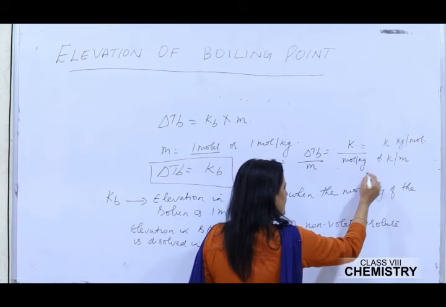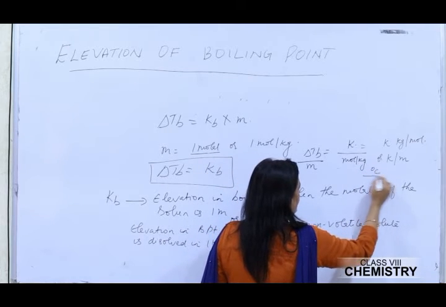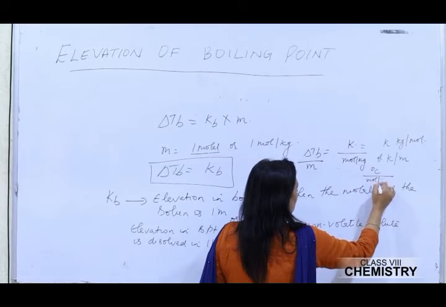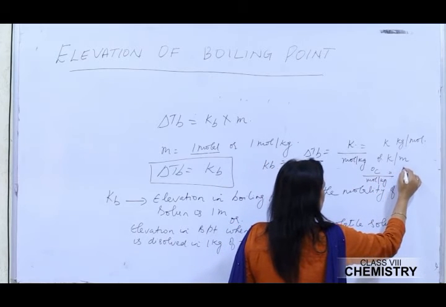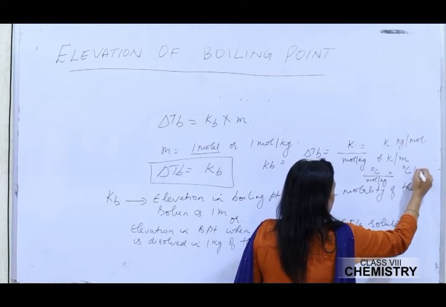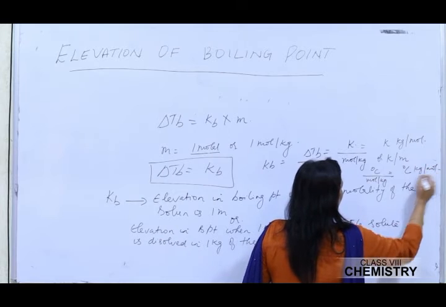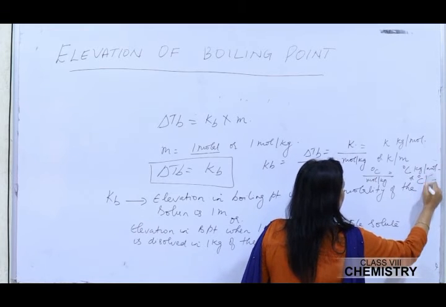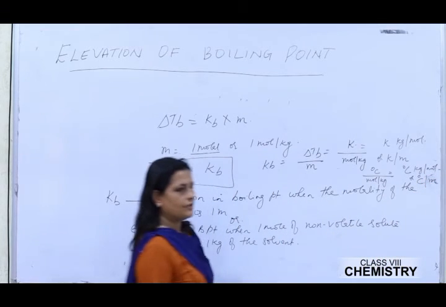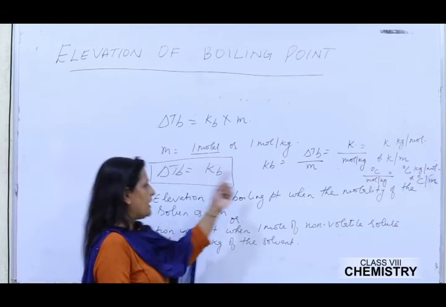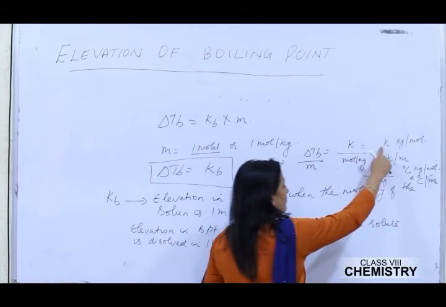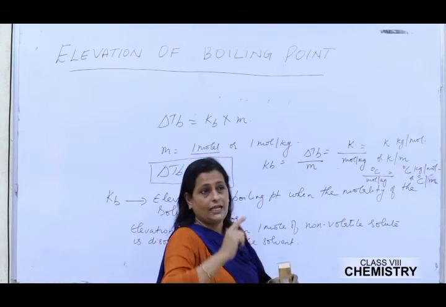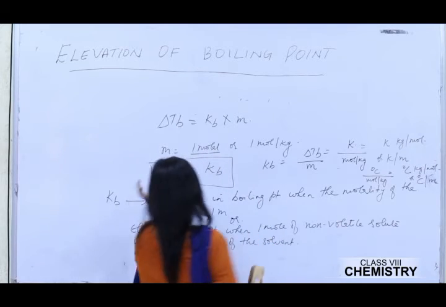Or if it is in degree C, instead of Kelvin it can be degree C kg per mole, or degree C per molal. So these are the units of Kb. Why we are using Kelvin as well as degree C while doing numericals, I will specify. So is it clear?